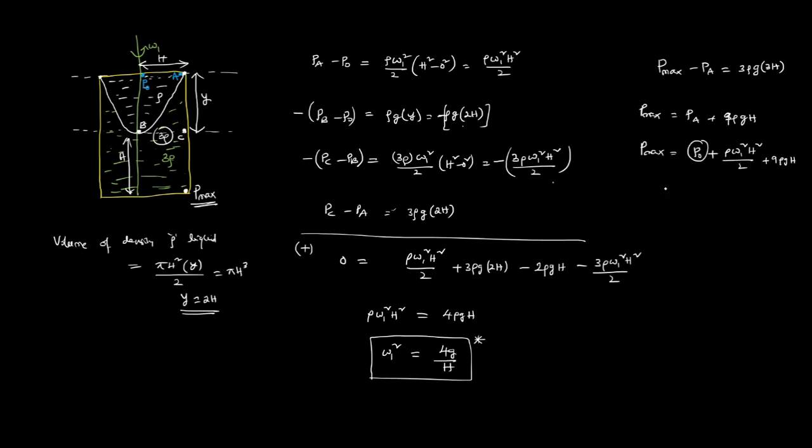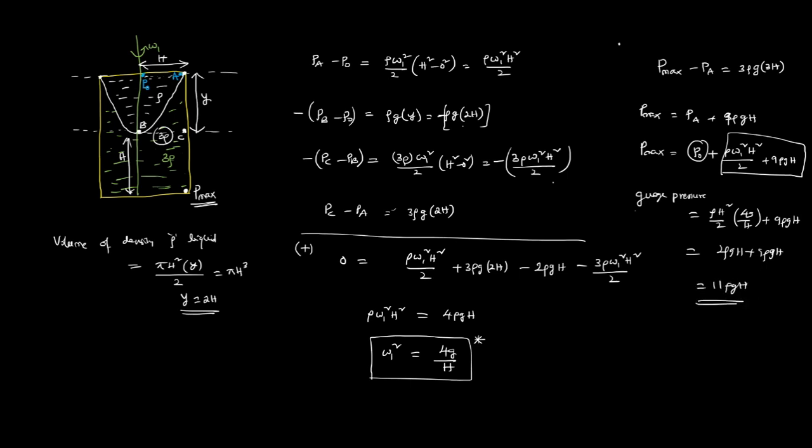Highest gauge pressure is required, and gauge pressure is the pressure above P naught. So the gauge pressure will be rho H square by 2 into omega 1 square, which is 4g by H, plus 9 rho gH. So you will get 2 rho gH plus 9 rho gH, which is 11 rho gH.